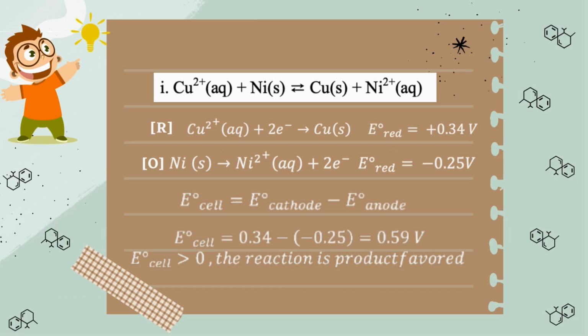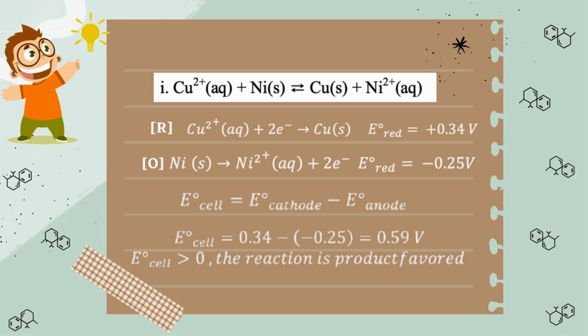Cu2+ is reduced to Cu, and from the electrochemical series, the reduction potential for this half reaction is positive 0.34 volt. And nickel is oxidized to nickel 2+, and the reduction potential for this half reaction is negative 0.25 volt.